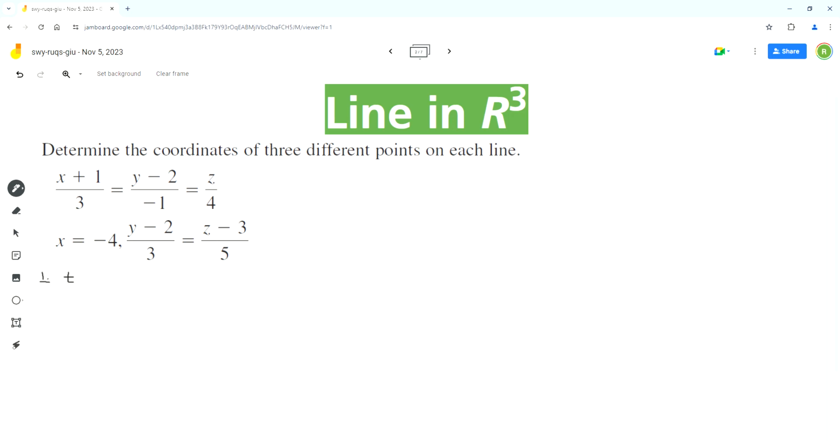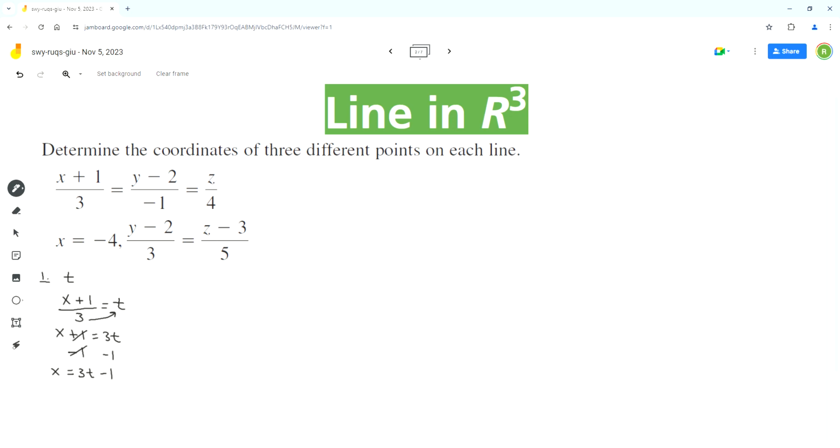So let's start with the x part of the equation. We should cross multiply the 3. Now we can subtract 1 from both sides. So this is the x equation for this line.